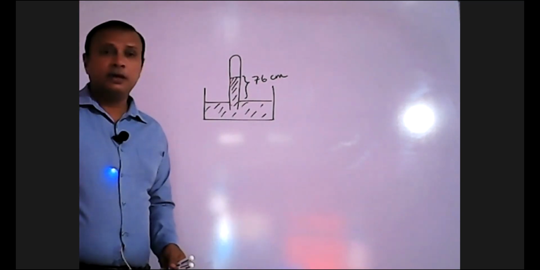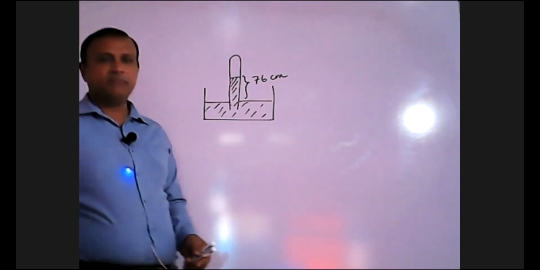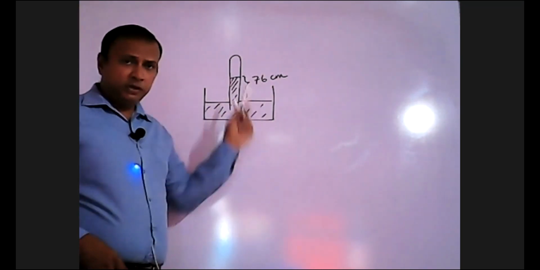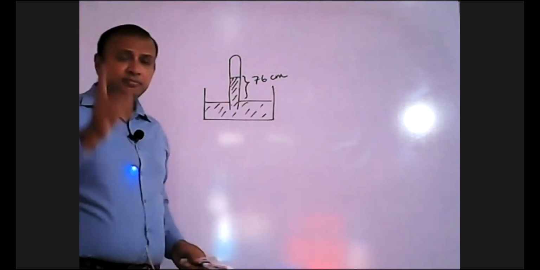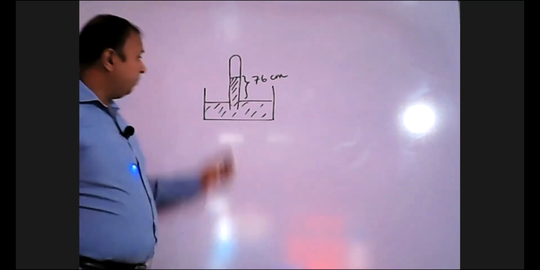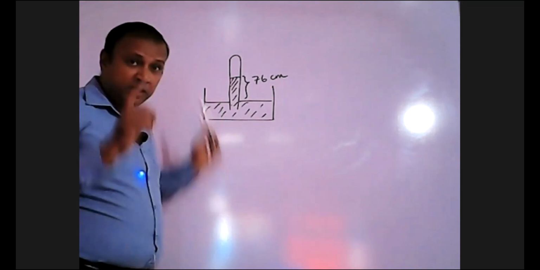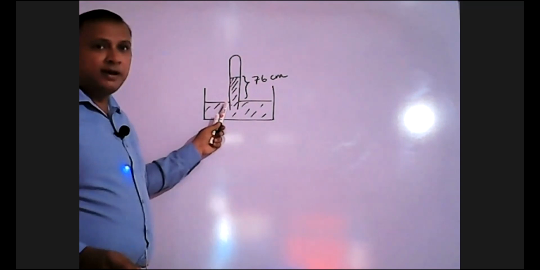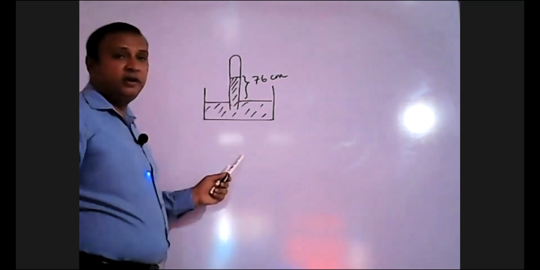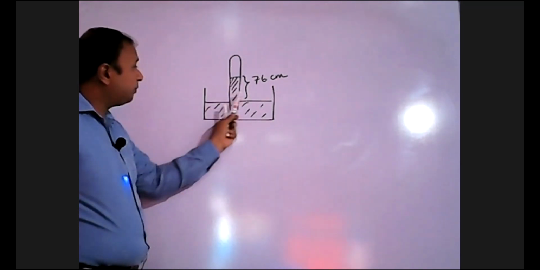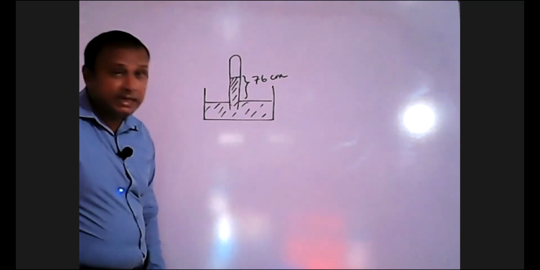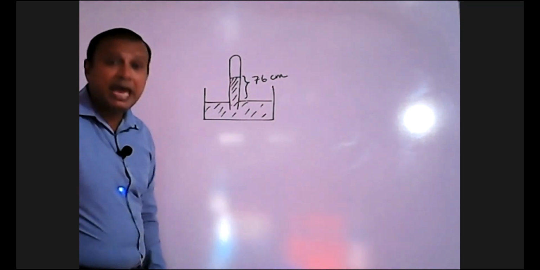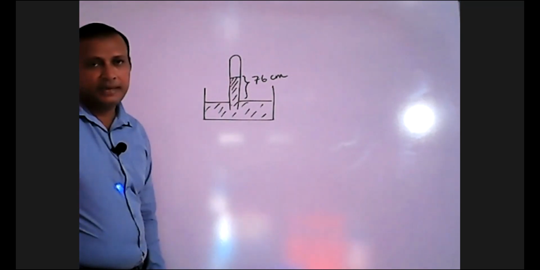I know this because in atmospheric pressure, the mercury level in a capillary tube will be raised up to 76 centimeters. So 76 mercury centimeters is equal to one atmospheric pressure.